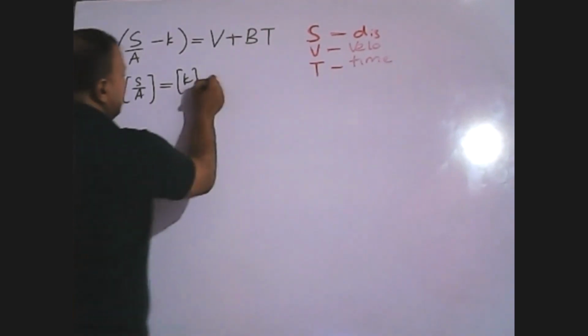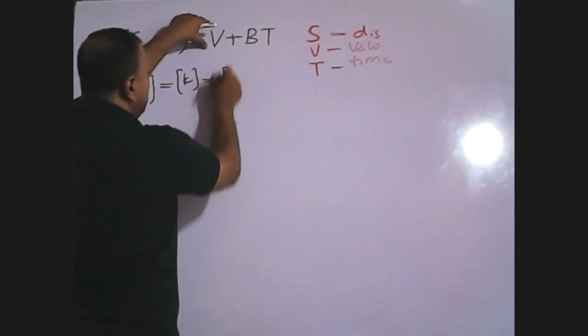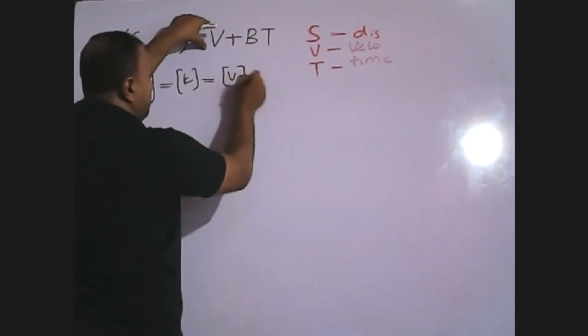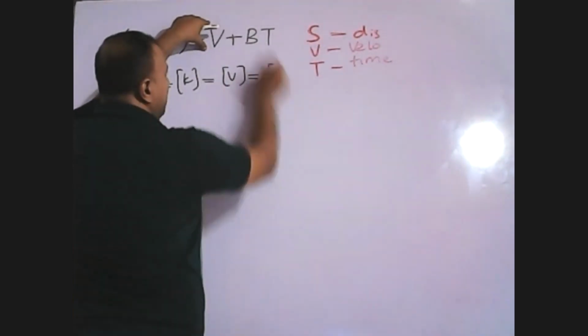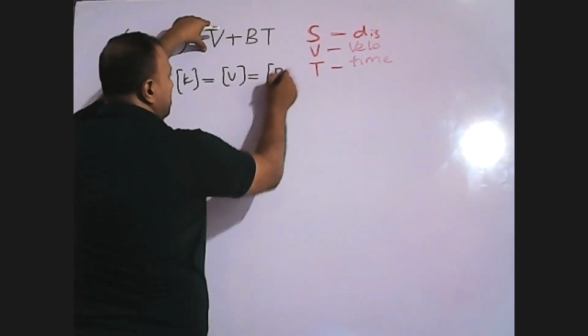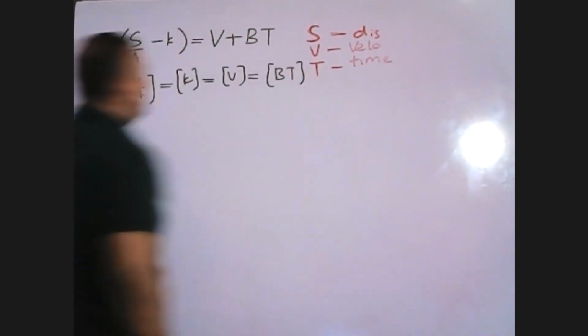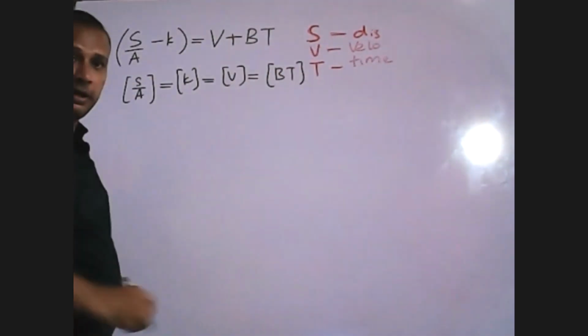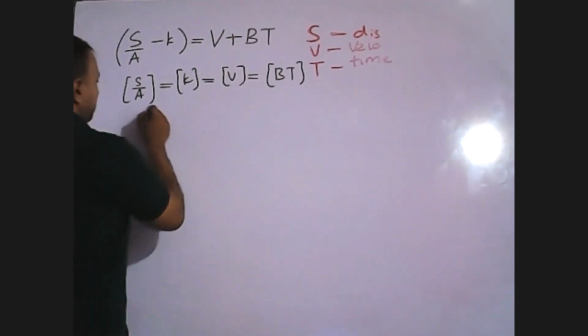Then this should be equal to the dimension of V, not the value. That should be equal to the dimension of Vt. What is the argument?